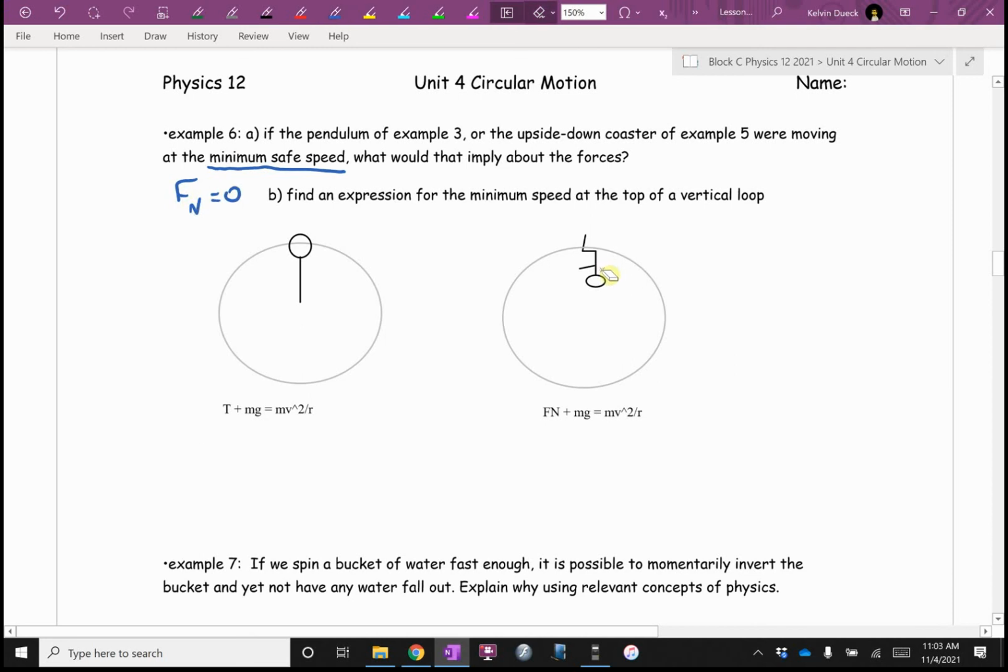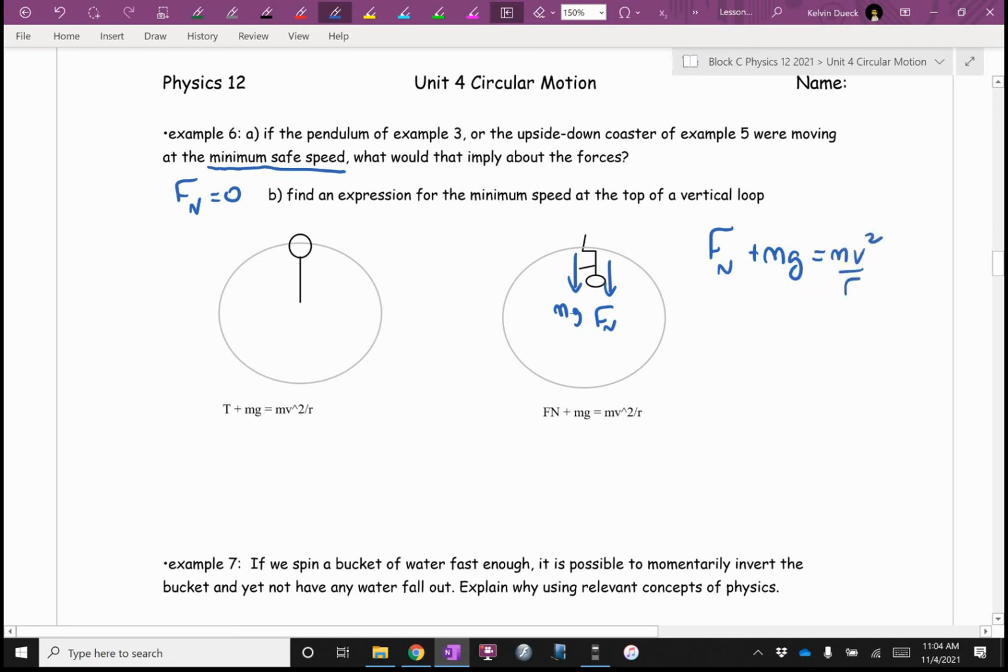Let's do the roller coaster first, since we just did the roller coaster. What are the forces acting on this? Get the obvious one: gravity and normal force, both pointing down. We would say normal force plus mg equals mv squared over r.